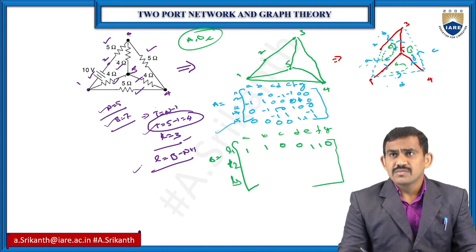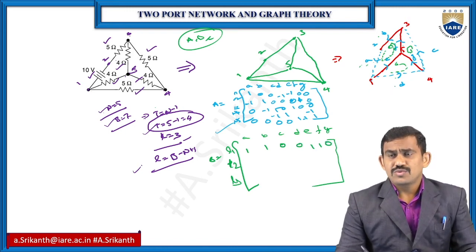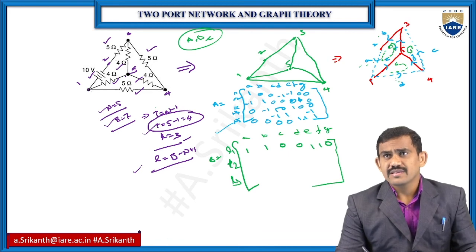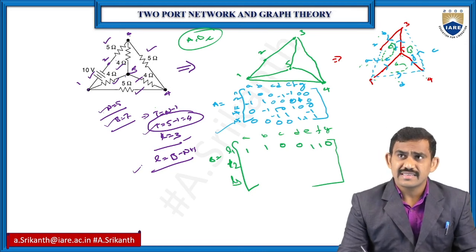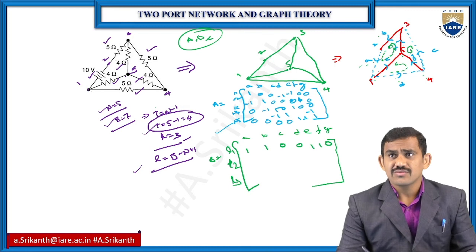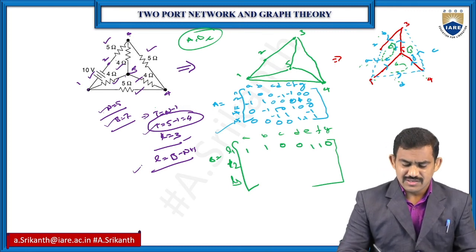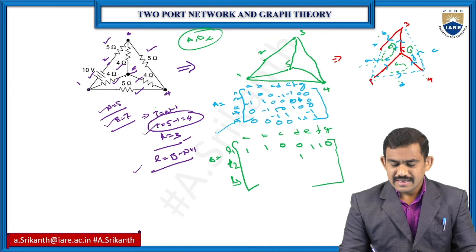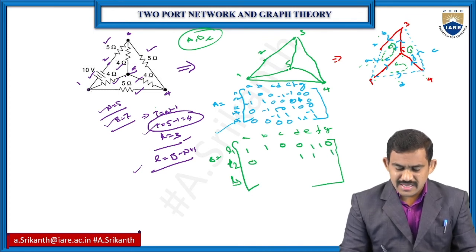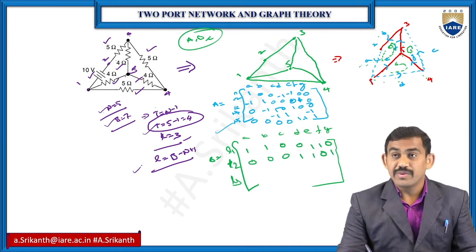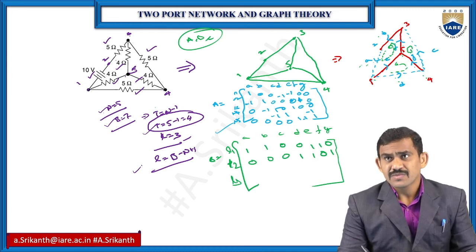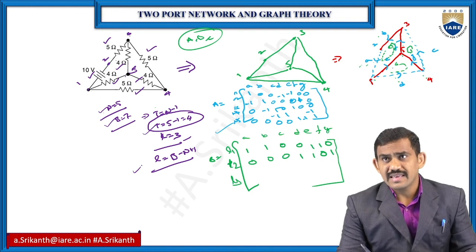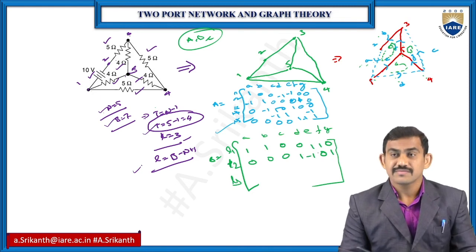Coming to loop 2, I have link B. I need to follow the B co-tree direction. So 1 to 4, 4 to 5, it's G also same direction, but 5 to 1 is reverse direction. So I have D, G and E, remaining are 0. You have the positive value, and 4 to 5 it's G same direction, and 5 to 1 E, I have the reverse direction, so E is minus.